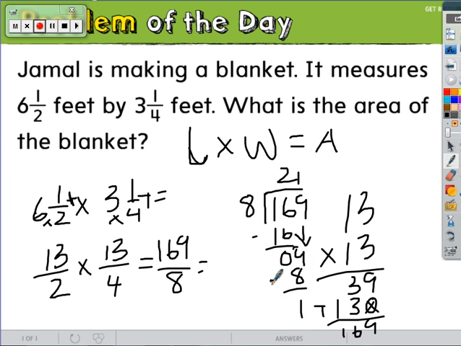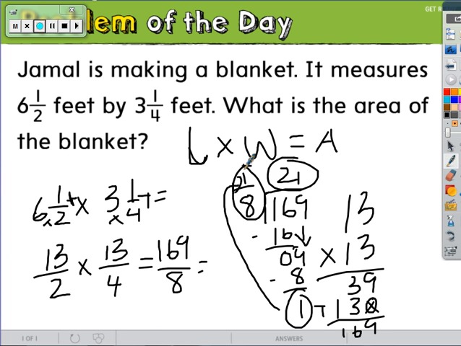We have a remainder of 1. Our remainder goes over the 8. So we have our whole number up here and our fraction here. So we have 21 1/8. 21 and 1/8. Okay?